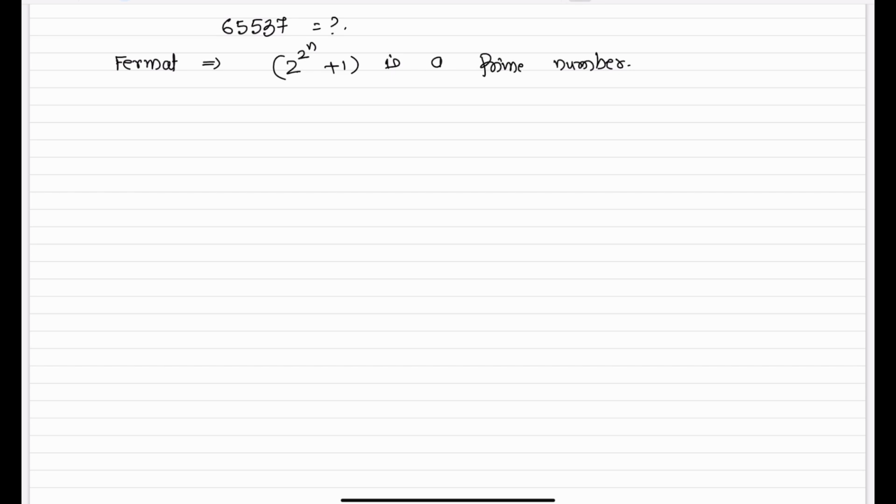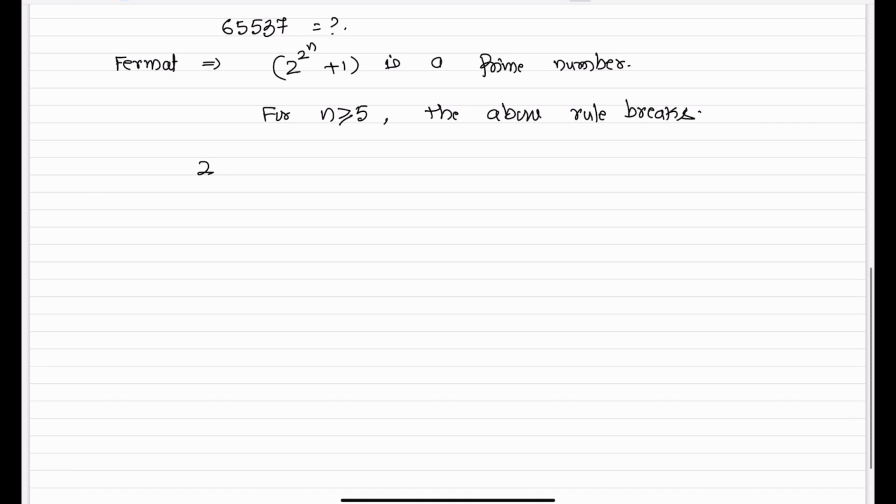But later computers, calculations and supercomputers have confirmed that for n greater than or equal to 5, the above rule breaks. Now let us see whether 65537 falls within this particular rule.